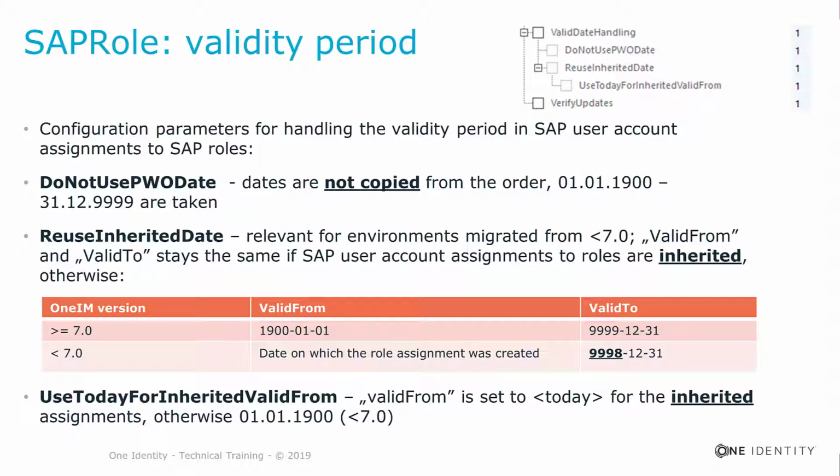So if the inheritance is derived from the IT shop order and an additional assignment is done manually, and the confusion of whether to use reuse inherited date or do not use PWO date is set, this will lead to multiple assignments, and the system will probably remove or change an assignment that is not assigned to this order.